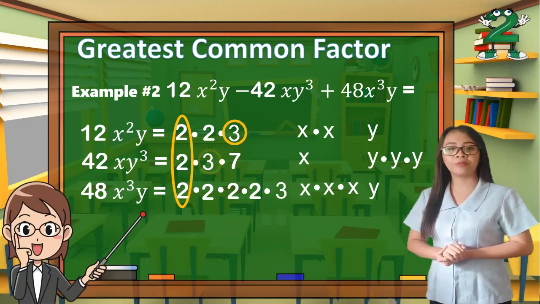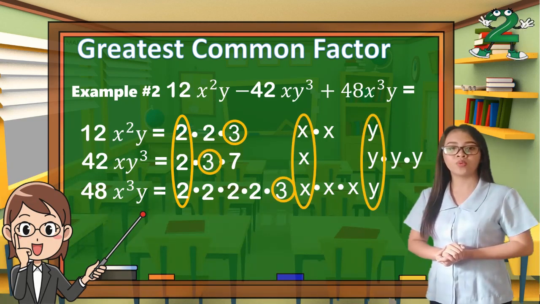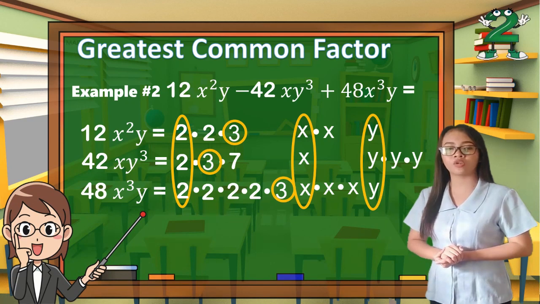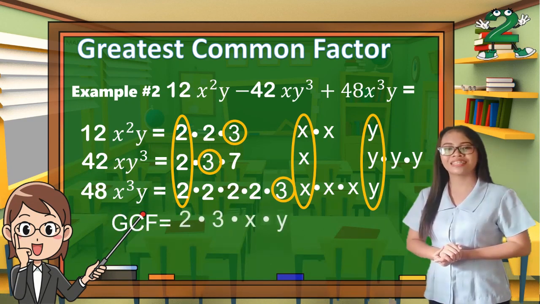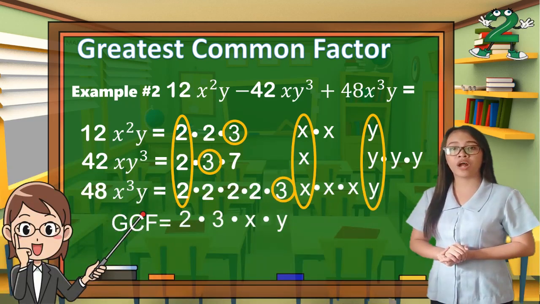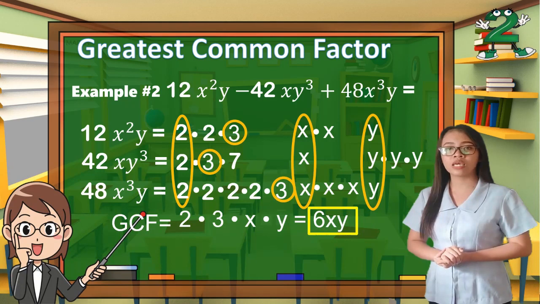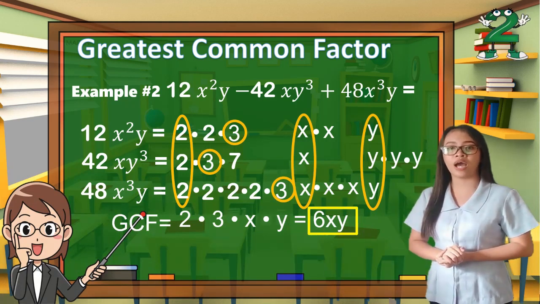Now, we can identify the common among the prime factors. We can encircle the common factors, which are 2, 3, x, and y. Next, we get the product of these common factors: 2 times 3 times x times y. So our GCF is 6xy.